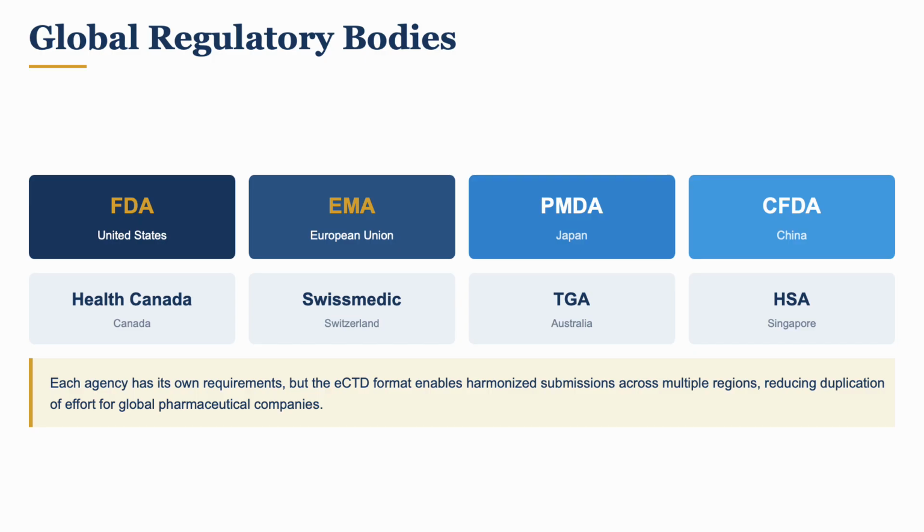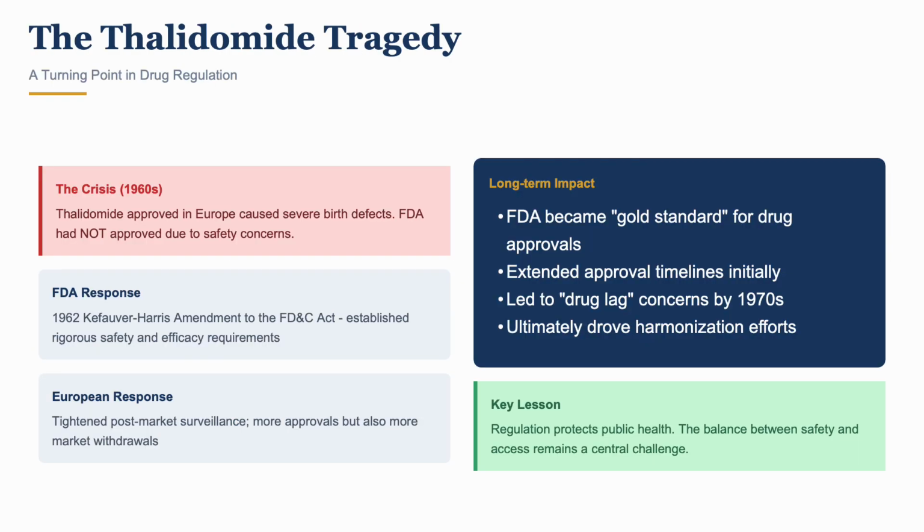Notice the PIC/S designations on this map, the Pharmaceutical Inspection Cooperation Scheme, which shows another layer of harmonization efforts focused on GMP standards. The thalidomide tragedy is a defining moment in the history of drug regulation. Understanding this case helps explain why we have the regulatory systems we do today.